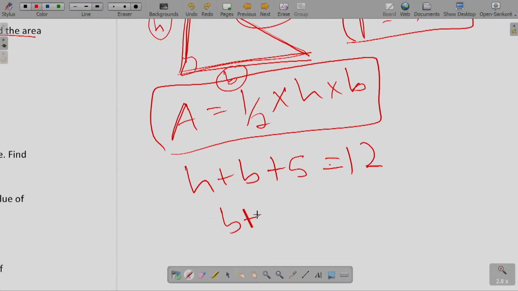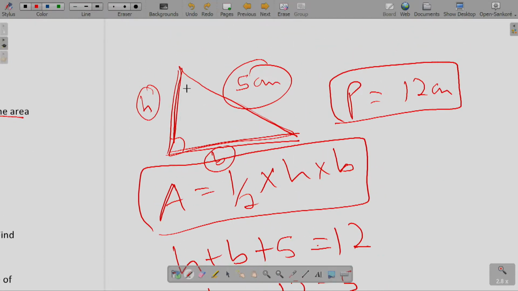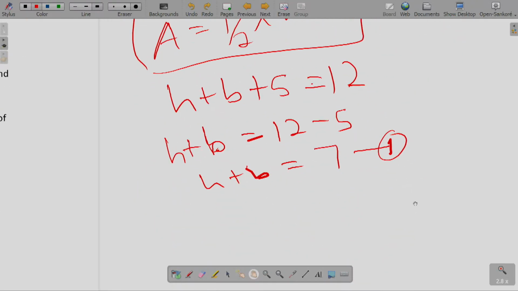So here h plus b is equal to 12 minus 5, so h plus b is equal to 7. That's equation 1. But also this is a right angle triangle, so we can use the Pythagoras theorem to get another equation, and hence we can find the values of h and b.